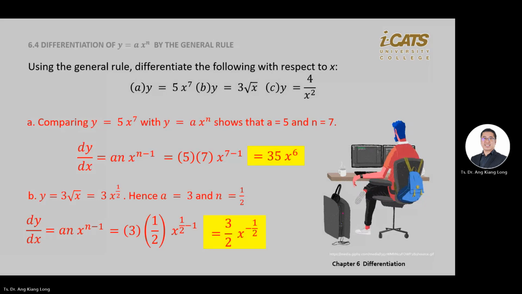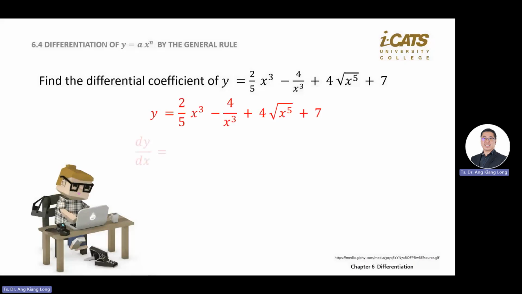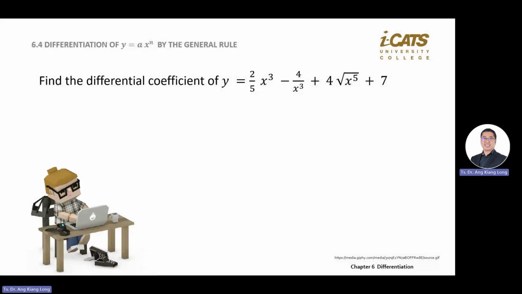Okay, the rest I let you go home and have a look. This also another one, but still the concept is a bit long. This is only to test your careless mistakes. Some of you, especially when you see this one, square and 5x, you should write it as x^(5/2).